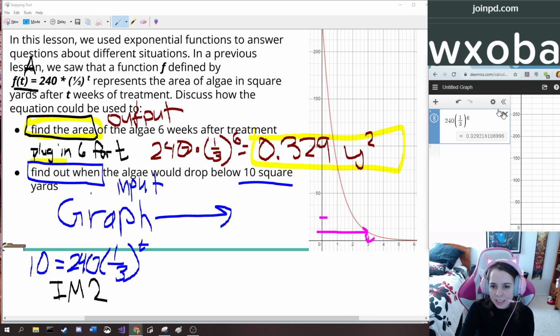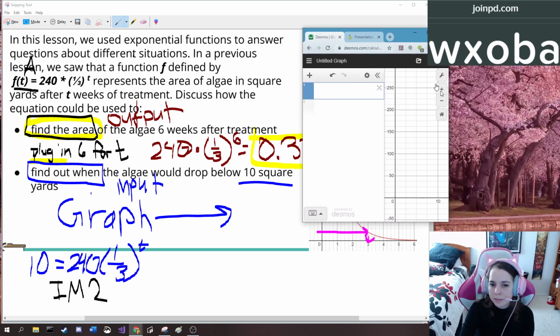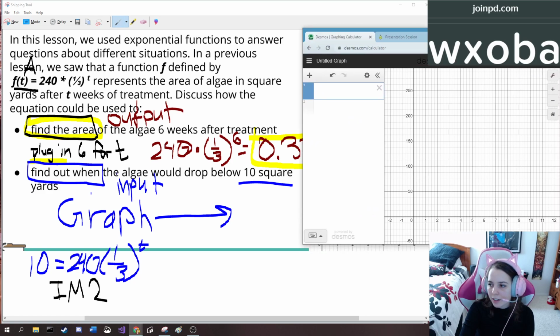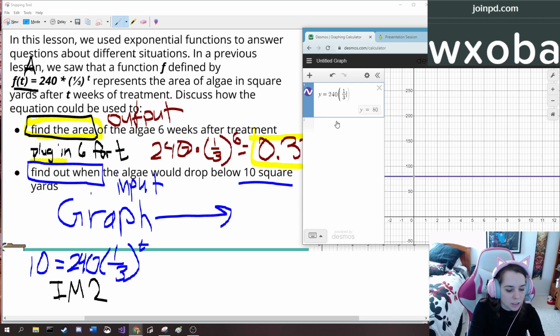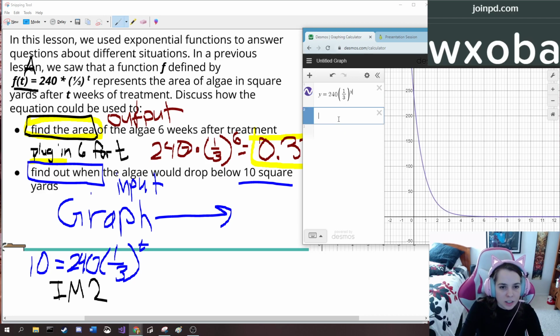And to find it exactly, using our graphing calculator, I graph my equation, 240 times 1/3 to the power of x. I want to know what x is going to be when y equals 10.